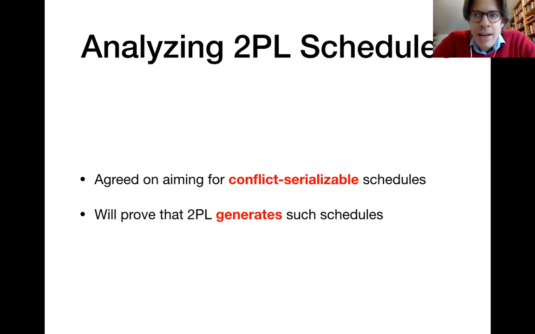But at this point, how can we be sure that two-phase locking indeed leads to conflict serializable schedules? How can we exclude that users see any of the anomalies that we have discussed in previous lectures? In the following, we're going to analyze two-phase locking formally, and we will prove that two-phase locking can only generate conflict serializable schedules.